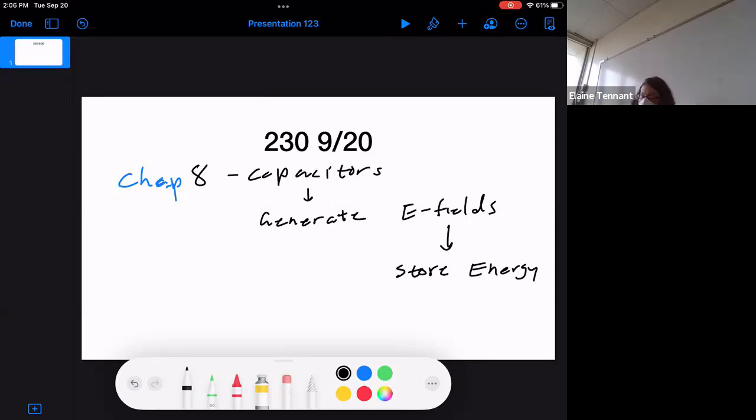And this energy storage thing is really what you should start thinking about capacitors as, where the way capacitors are going to store energy is by collecting charge and the charge's relation to its potential difference.